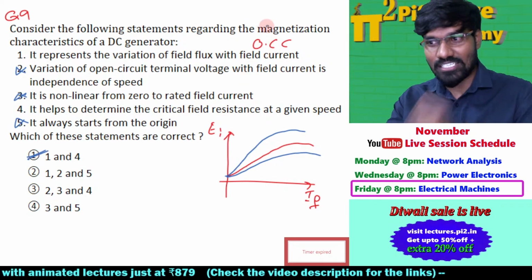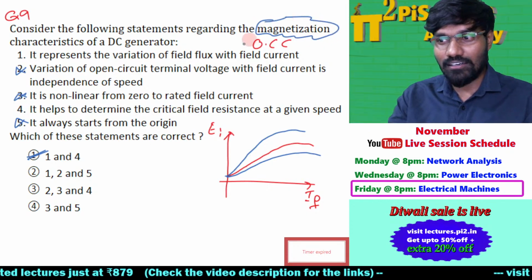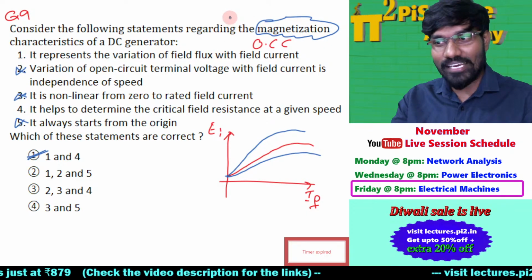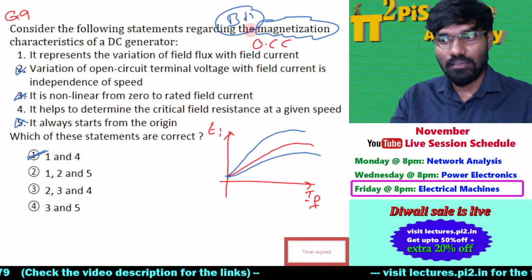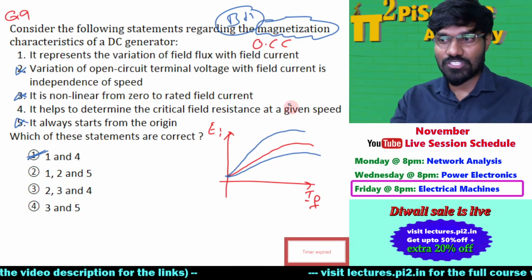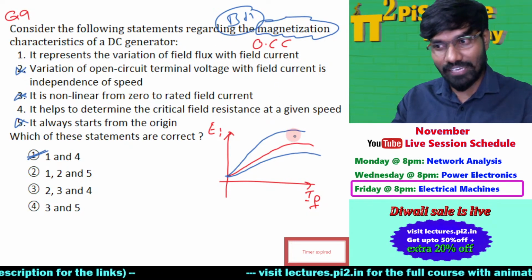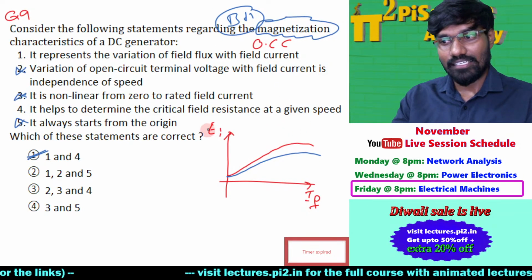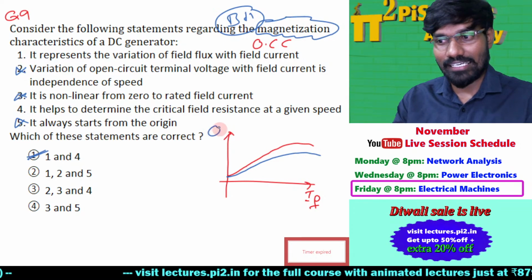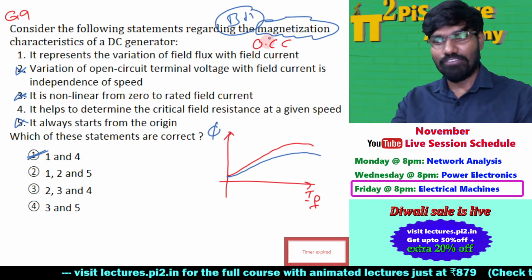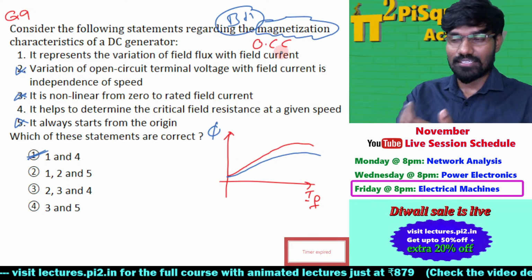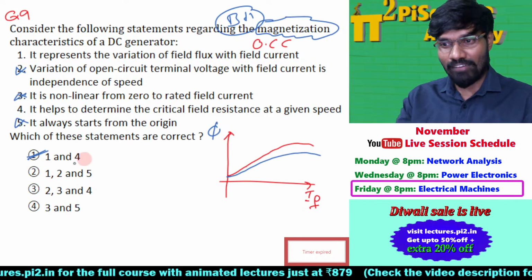So I can consider magnetization curve or BH curve. If we consider it as a BH curve, then yes, it is flux here. We can take it as flux here. If you consider it as open circuit characteristics, then it will be different. So I have a convenience now.